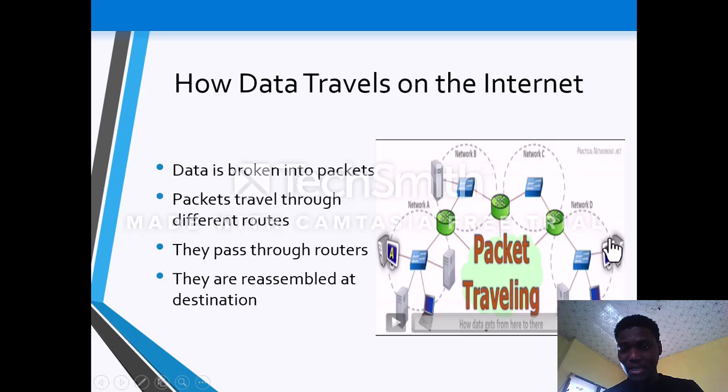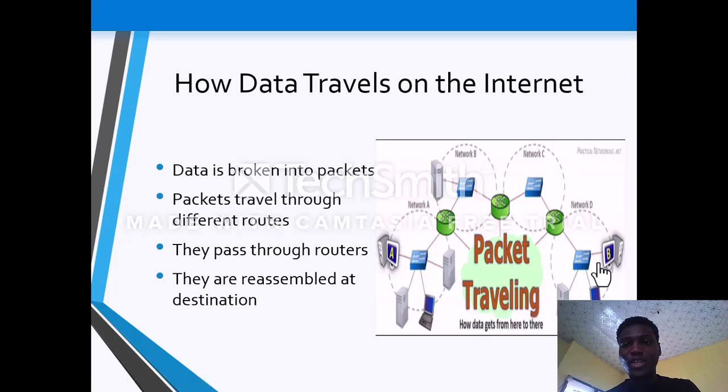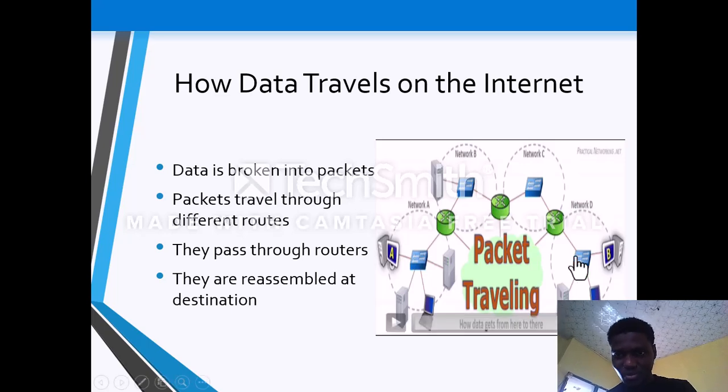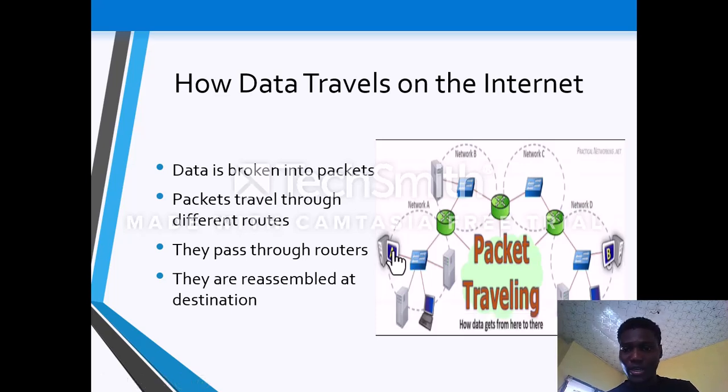Then it gets to the destination, so it's reassembled here before it gets to the actual receiver as the actual data that was sent. And when the receiver sends feedback, it goes through the same process the sender went through before it gets to the destination. So that's how data travels on the internet. Let's move on to the next slide.